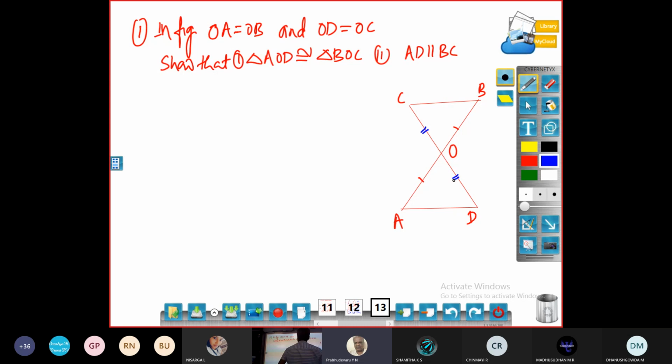These two sides are equal, and OA is equal to OB. So let us prove this one.